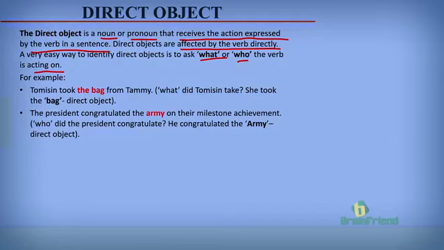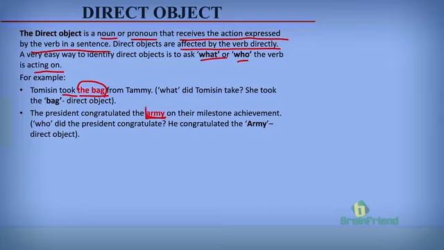Tomisin took the bag from Tammy. What did Tomisin take? She took the bag. So the bag is the direct object of this sentence because the verb took directly refers to the bag. And then secondly, the president congratulated the army on their milestone achievement.